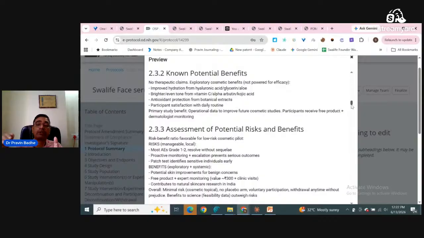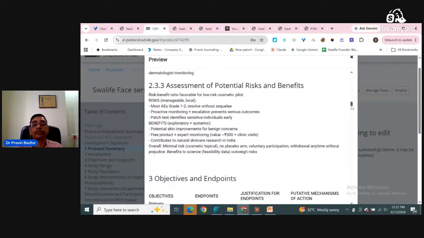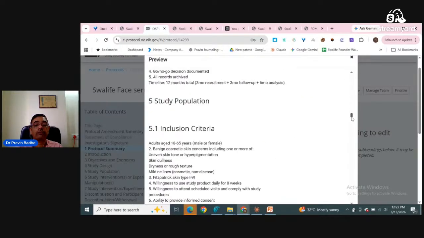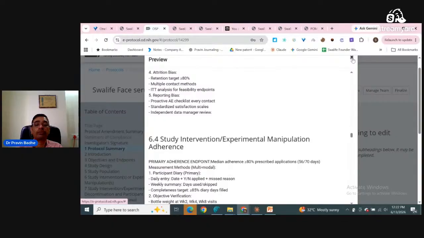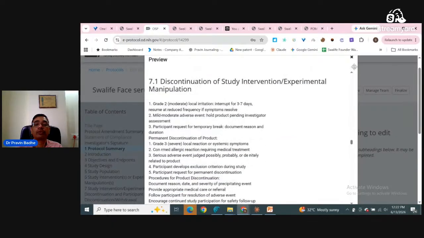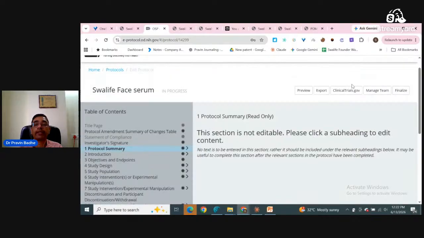If it's not available, that is where your scientific thinking will come while filling the protocol which you want to design for your formulation or the molecule which you want to develop. All this then will be filled in this, and your protocol is ready to directly submit to clinicaltrial.gov once it is sanctioned by the committee.